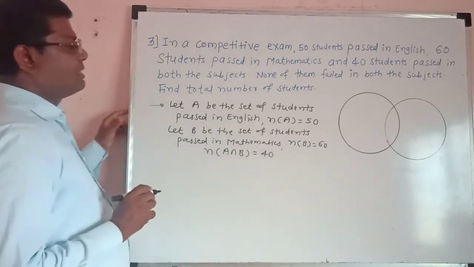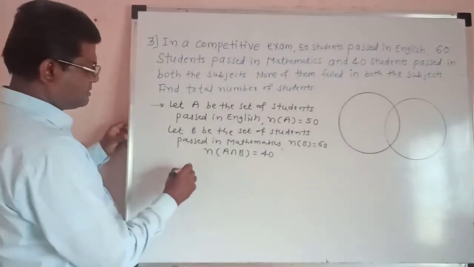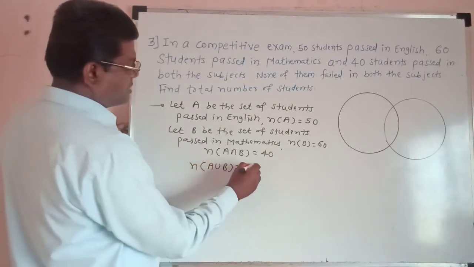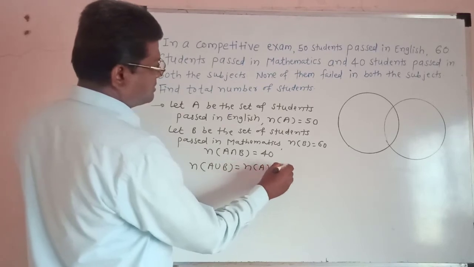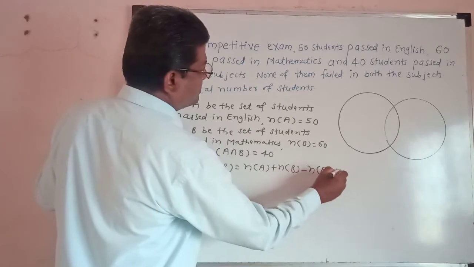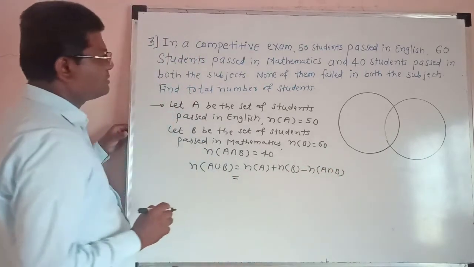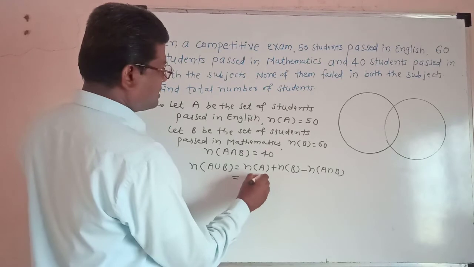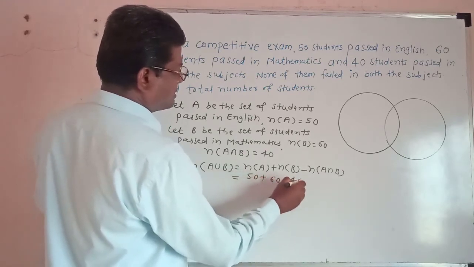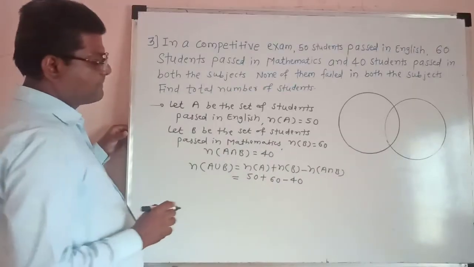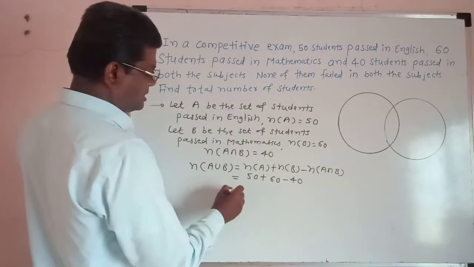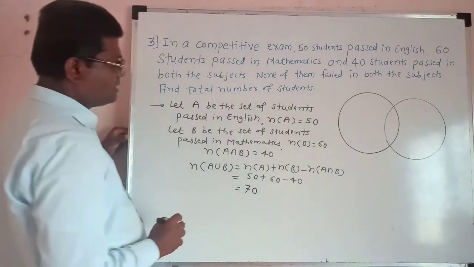Now we know that n of A union B is equal to n of A plus n of B minus n of A intersection B, which is 50 plus 60, 110, minus 40 is 70.